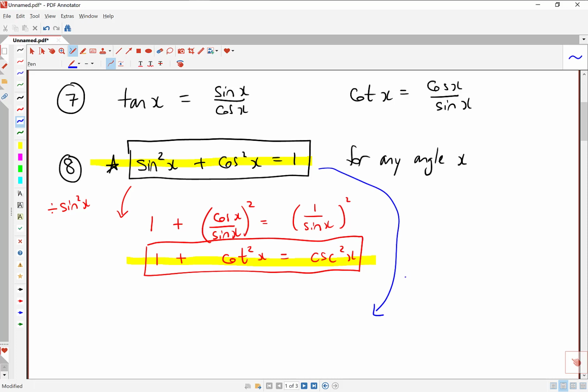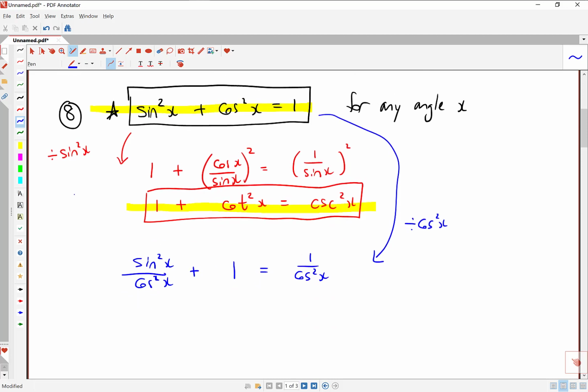In a similar way, you could take your original identity, this one up here, and decide instead, let's divide through by cos squared x. If we do that, we'd have sine squared x over cos squared x, plus our second term would be cos squared x over cos squared x, that would be 1, equals 1 over cos squared x. In a similar way, let's see if we can figure out how to rewrite that.